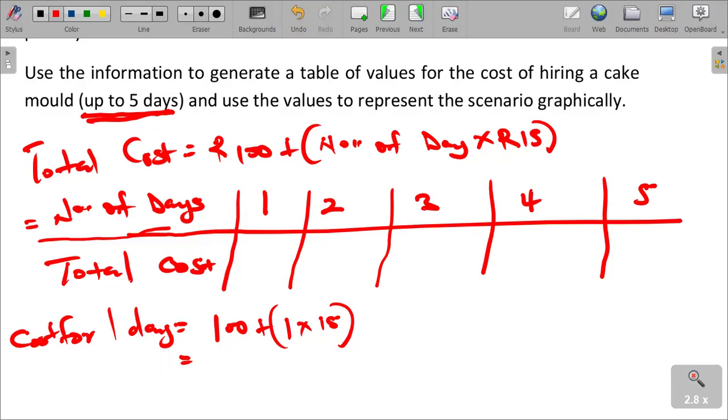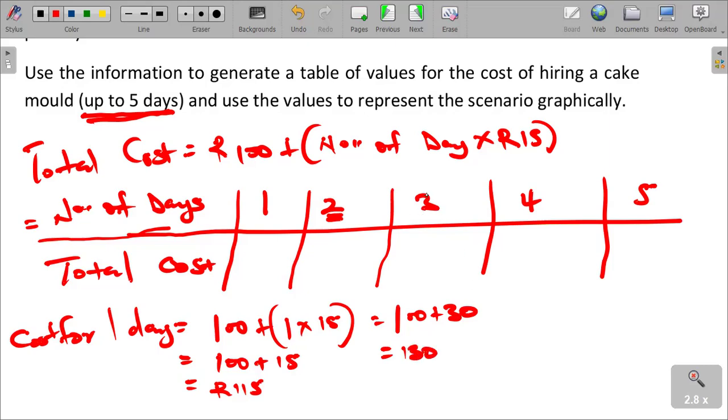Therefore, how much do you get? 15 times 1 is 15, so it's 100 plus 15, which gives you 115 rand. And then you do the same for all the days. For 2 days, it goes to 100 rand plus 15 times 2. Number of days here is 2, so 15 times 2 is 30, plus 100 gives 130.